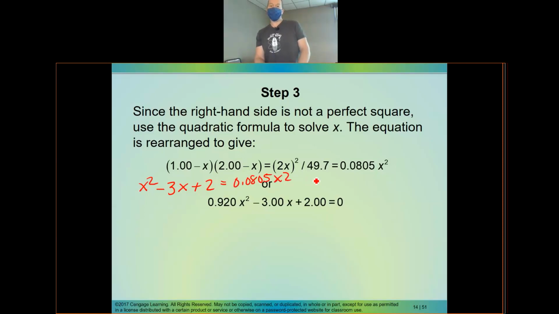Then you subtract 0.0805 x squared from both sides. And that's where you get your 0.920 x squared. Then you have your minus 3x, your plus 2. This is your A, this is your B, and this is your C.